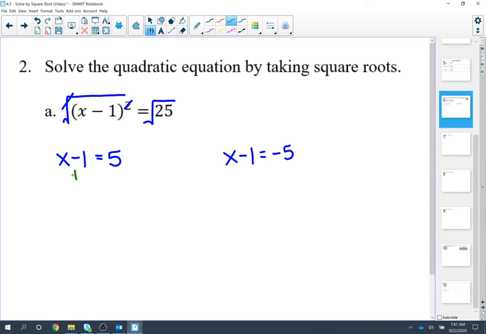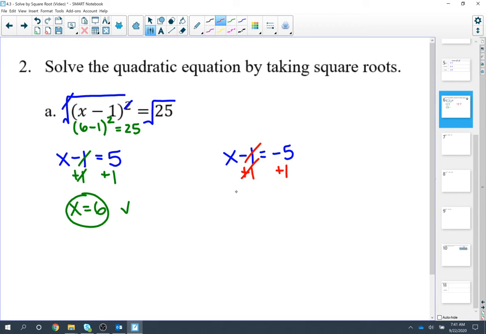Solving both of these, we're going to add 1. Our first solution, x equals 6. If I check that solution, I would substitute back in 6 minus 1 squared. 6 minus 1 is 5, and then 5 to the second power is in fact 25. So that checks out. Second solution, add 1 again, but this time be careful because you're adding it to a negative 5.